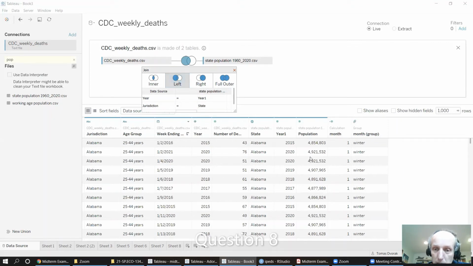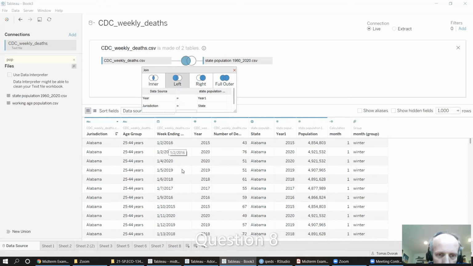And so this actually looks okay. But we have to keep in mind that the grain of the CDC data is not just state and week, but also age group.